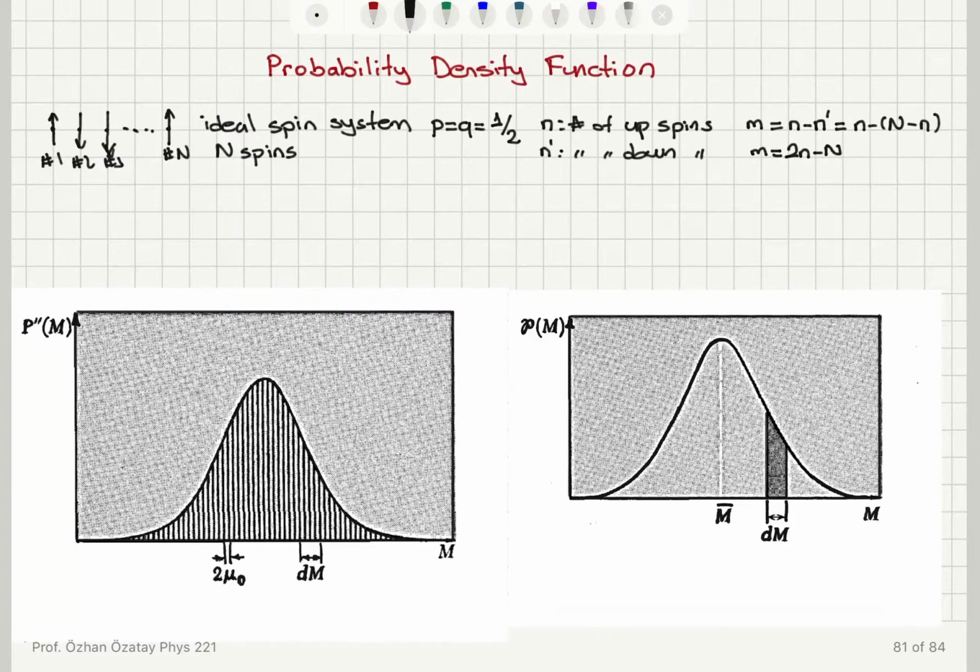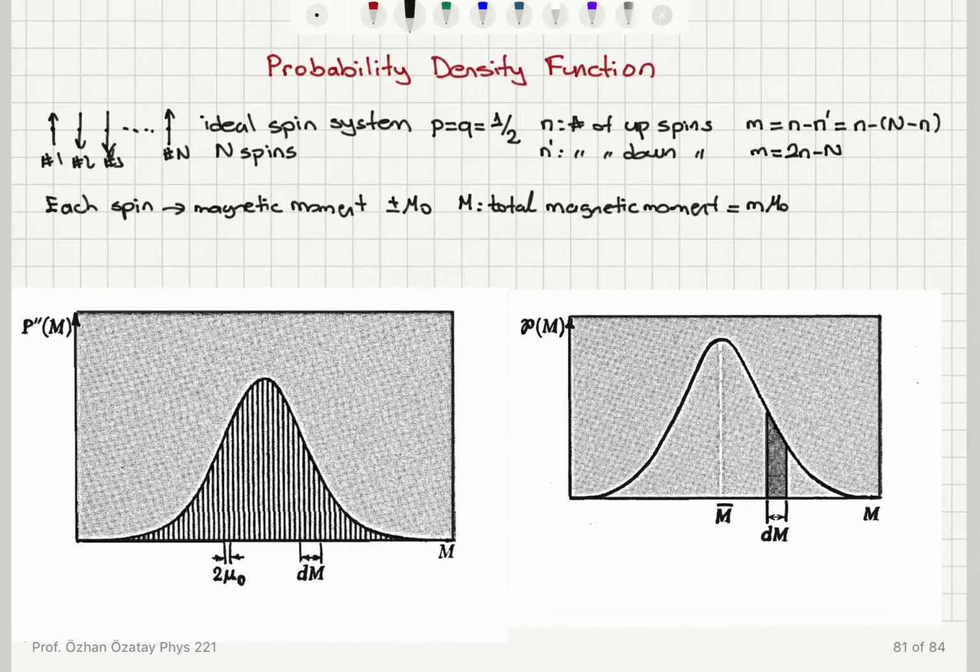Each spin has a magnetic moment associated with it. The magnetic moment is either plus mu 0 or minus mu 0 for the spin orientations, and the total magnetic moment is then equal to the net number of up spins times mu 0.